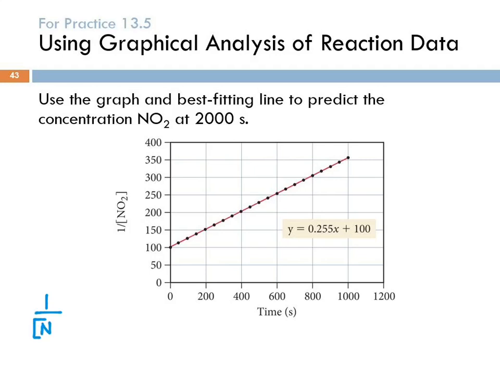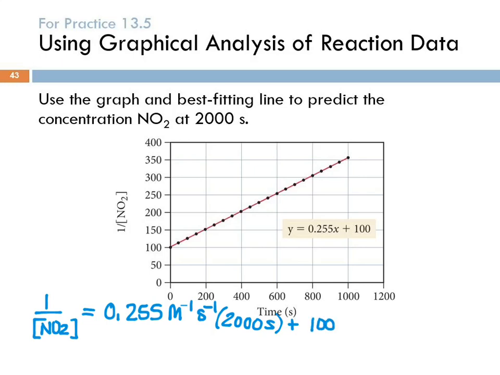One over the concentration equals 0.255, and the units of that were per molar per second, times the number of seconds, right? 2,000 seconds, plus 100. That's the y-intercept.